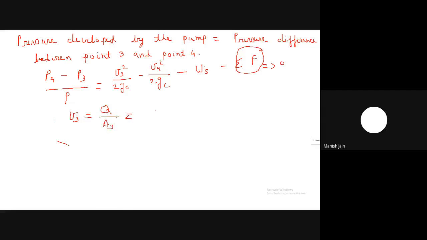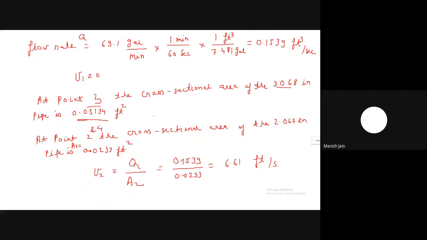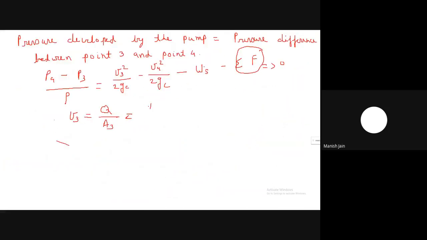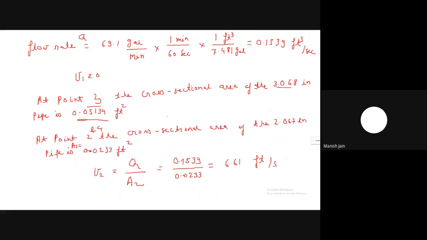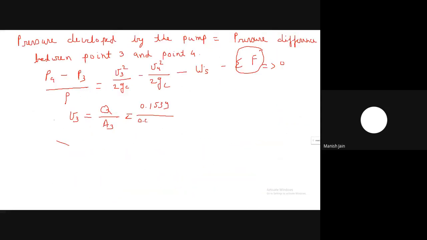So the value of Q is 0.1539 divided by A3. A3 we have calculated before from the cross sectional area, that is 0.05134. Now calculate the value of V3 from this.